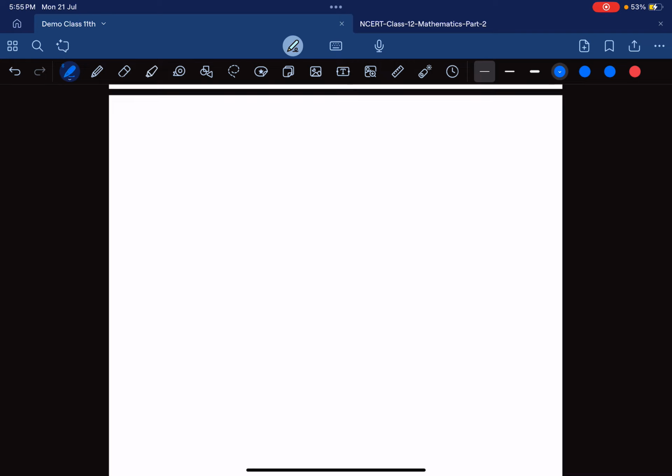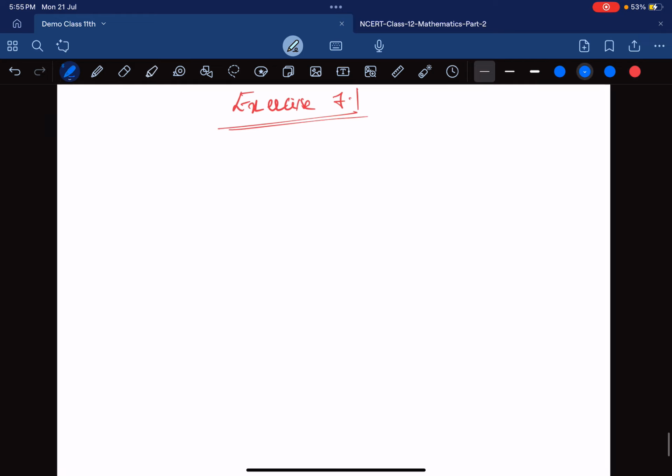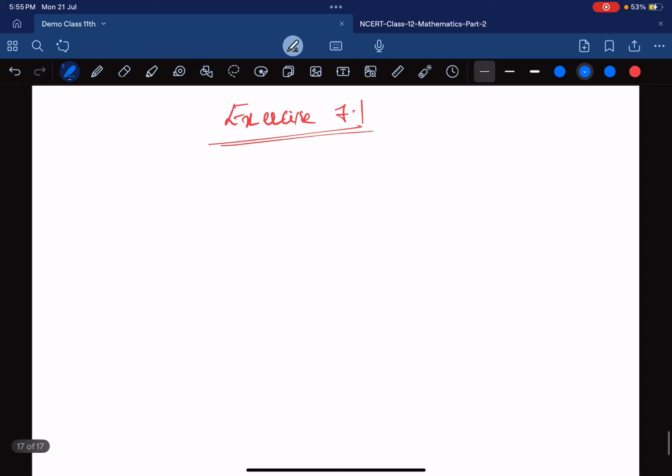Exercise 7.1. Find an antiderivative, or integral, of the following functions.